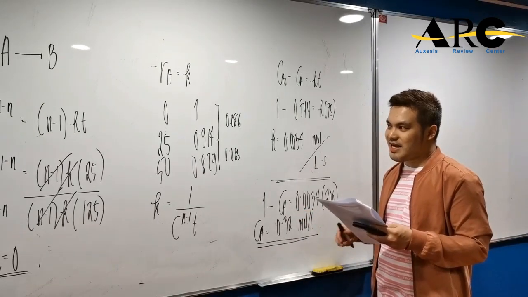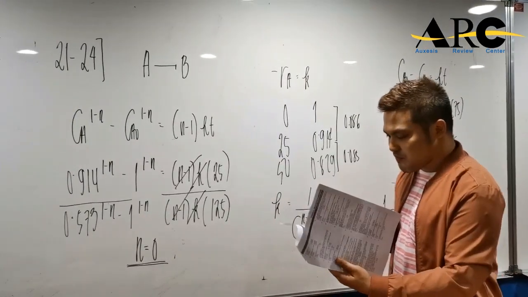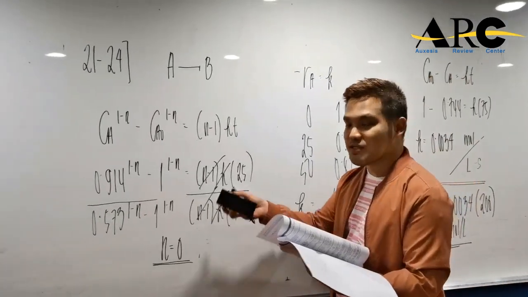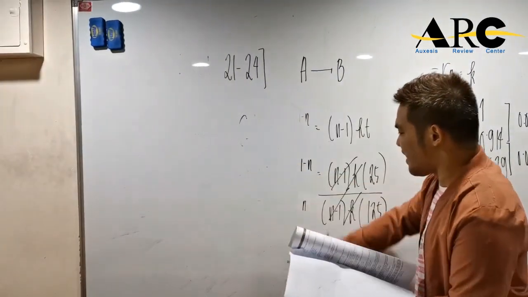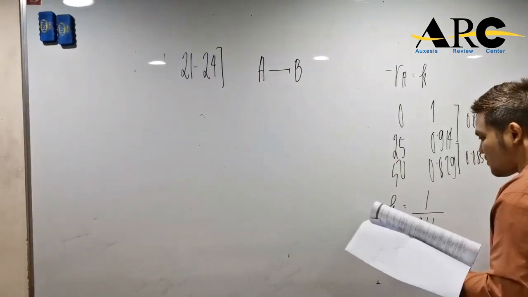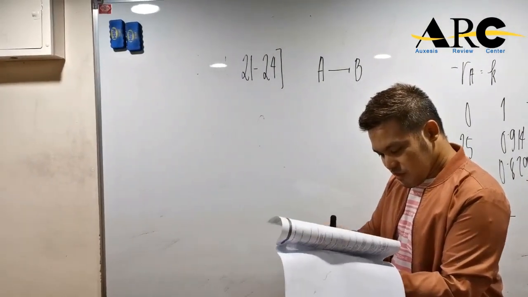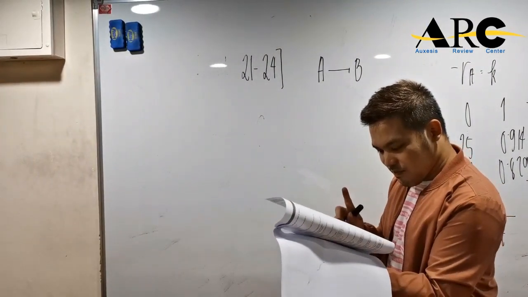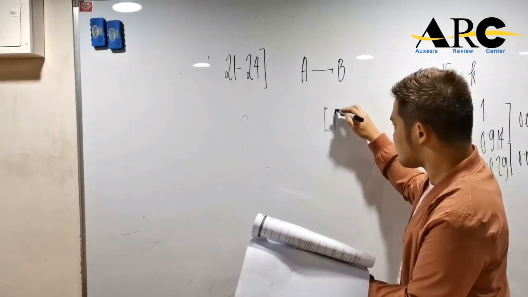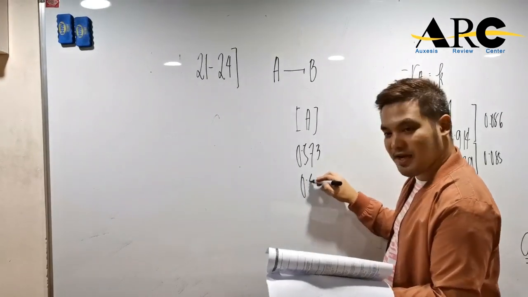Last one, hinahanap yung half-life ng reaction. Kahit hindi nyo na-solve to, makukuha nyo na based sa choices kung ano yung answer. Bakit? Di ba pag sinabi natin half-life, yun yung time kung saan mangangalahati yung concentration. O, tignan nyo dito. Meron ditong 0.573 na concentration at meron ditong 0.488.